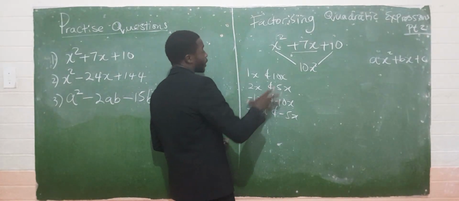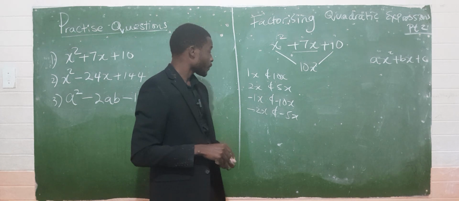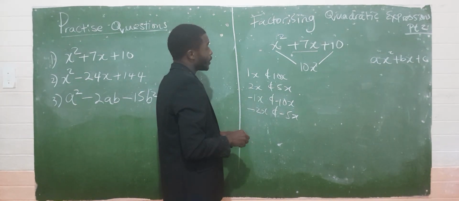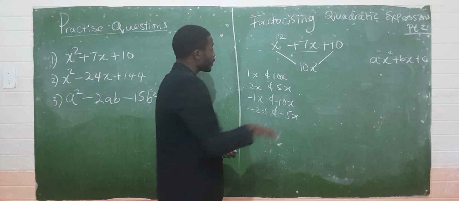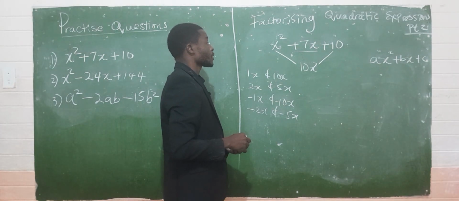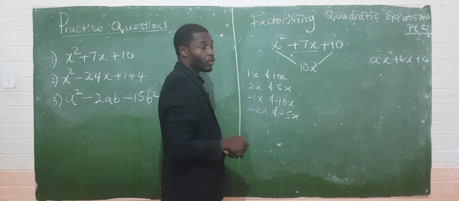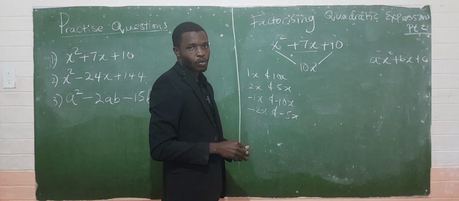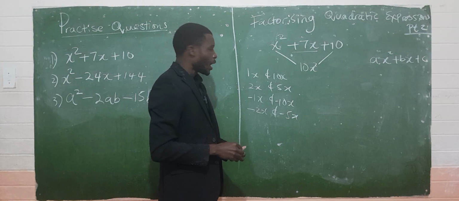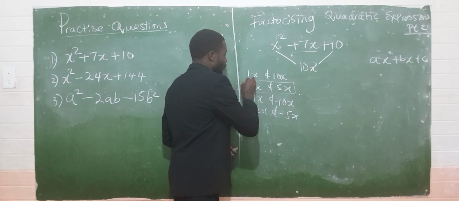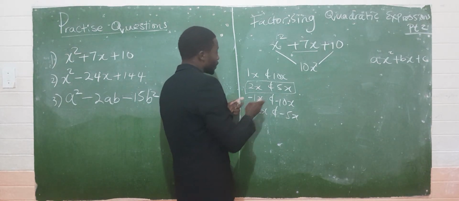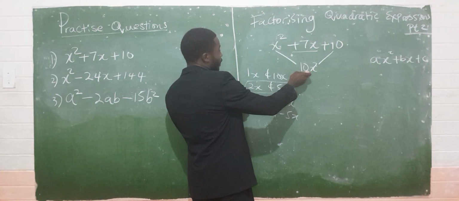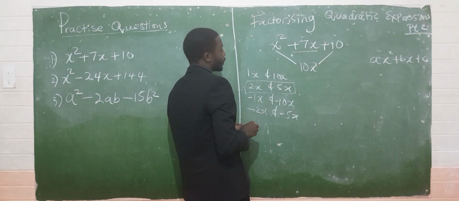They still do multiply to 10x squared. And it turns out that of all these pairs, there is a unique pair that do add to 7x. And this is the pair that we're going to pick. Go through these and choose which one. I hope you picked this one, and if you did, very good. So these are the factors of 10x squared that add to 7x.